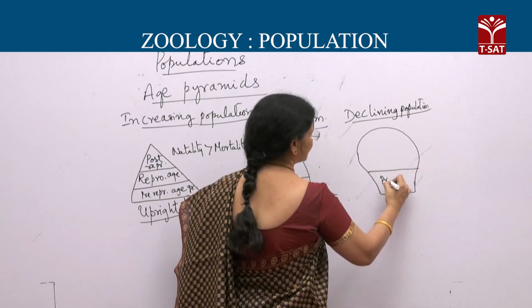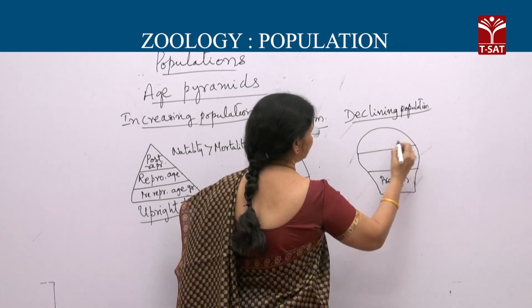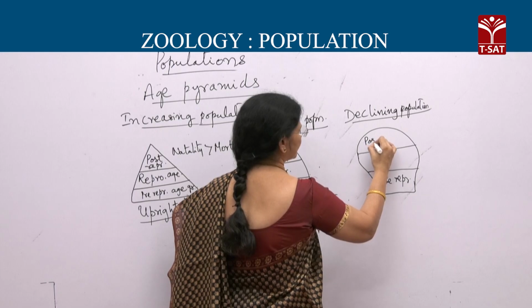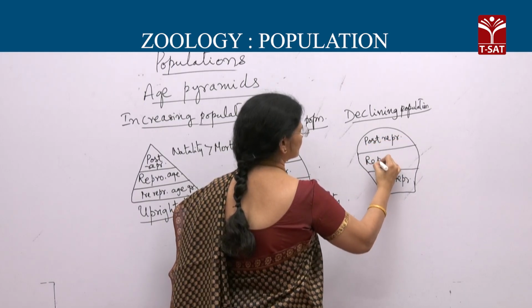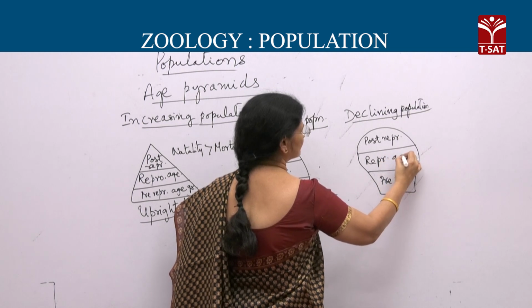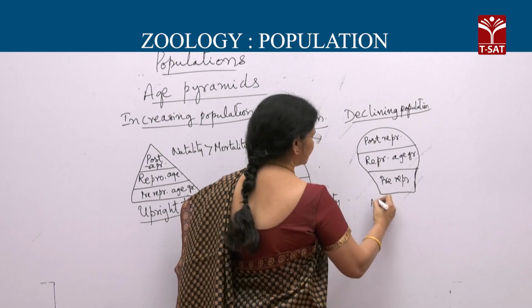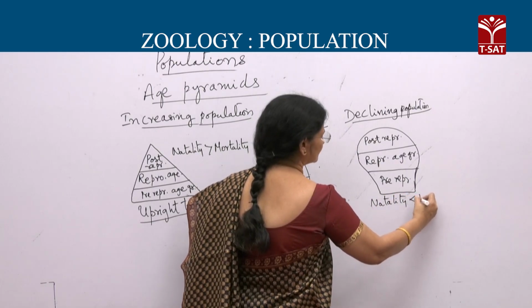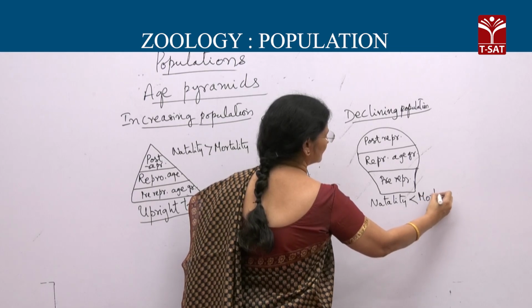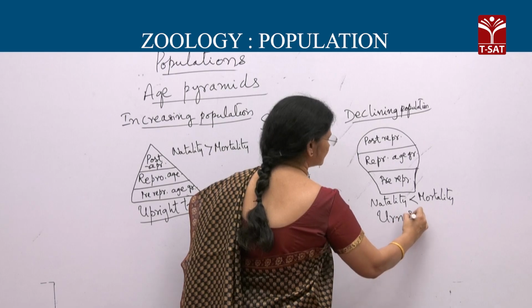The pre-reproductive age group is less, while the post-reproductive and reproductive groups are almost similar. Natality is less than mortality, so you will find an urn-shaped pyramid.